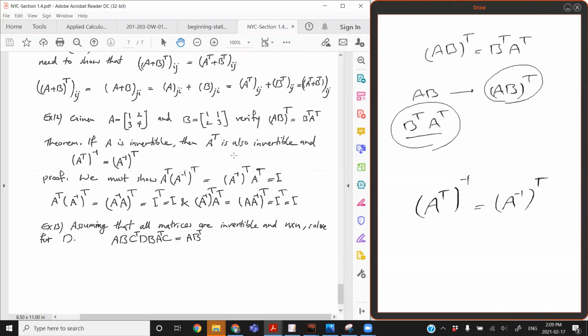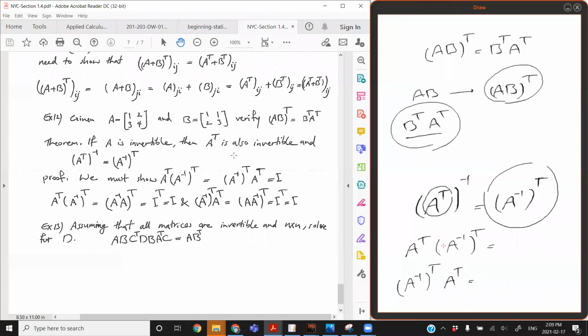So how do we prove this? Just like any other example that I've given you in this class, you need to show that this times this in any order is I. So we have to show that A transpose times (A inverse) transpose, and also (A inverse) transpose times A transpose, both of them are I. Okay, how do we prove that?